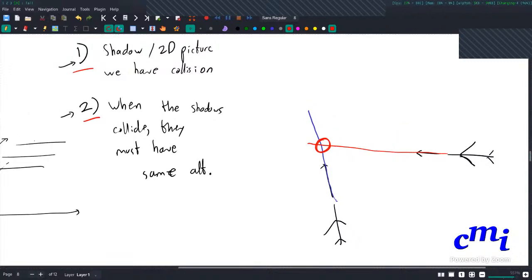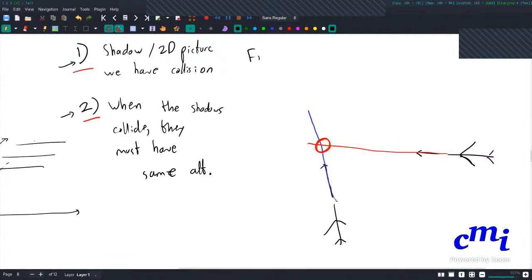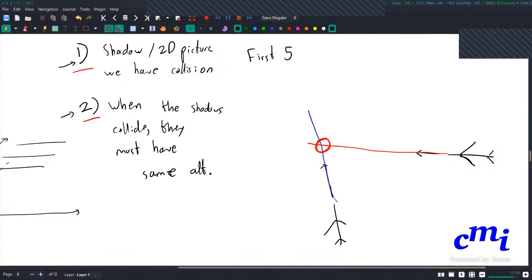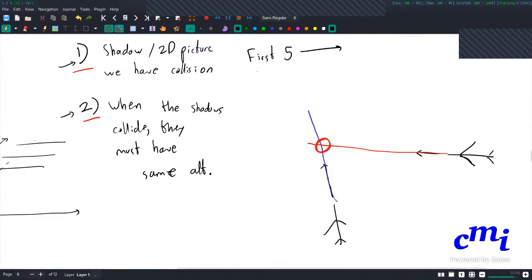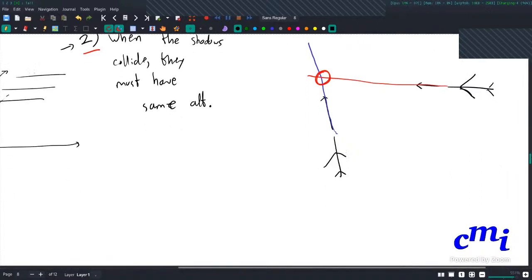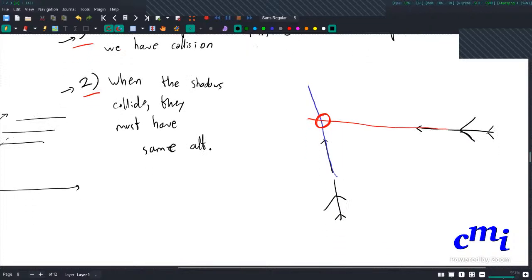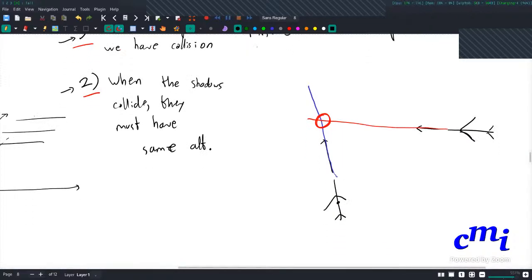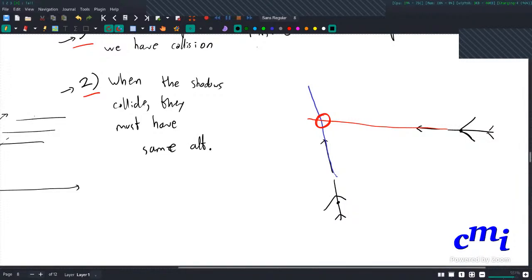So the first 5 inputs completely describe this shadow picture, the 2D picture. Because what you need to decide this is just the relative position between the aircraft and the velocities of the aircraft.